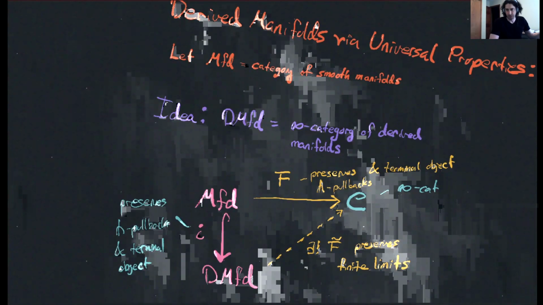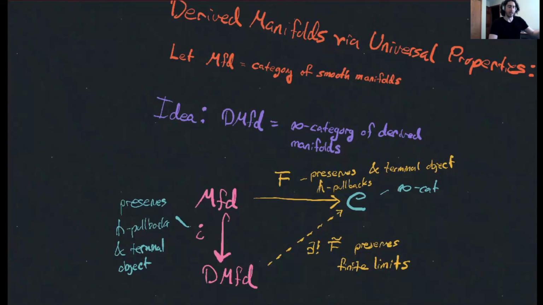That's just saying that every time you have a pullback diagram of manifolds and the maps are transverse, this remains a pullback when you look at it in the infinity category of derived manifolds. And it should preserve the terminal object. That's just saying that if you have any derived manifold, there's a unique map to the point, which, I mean, that's a very reasonable geometric assumption.